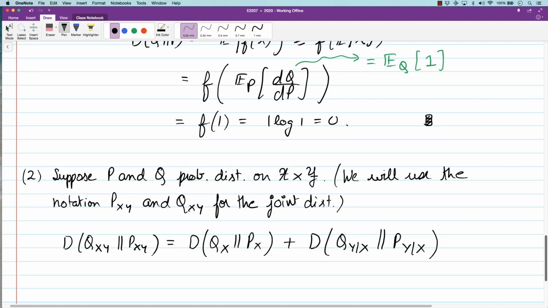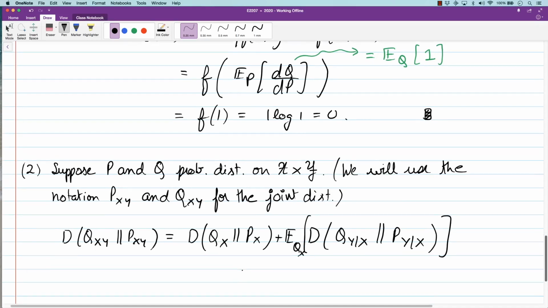Note that these are both random variables because these are conditional distributions. First the divergence of the first coordinate, and then the divergence of the conditional distributions, and you have to average this because these are conditional distributions, so this becomes a random variable. So you average it over some distribution of X, and that distribution is the first one here, Q_X. This is the formula.